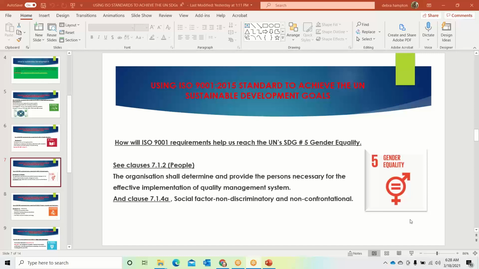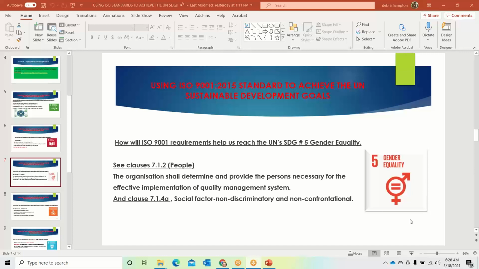Now, this clause talks about the people. For those of us who have the standards, it talks about people. So who are these people in actual sense? Because it mentioned just people. But if we go by interpretation of what people mean, we are talking about people of all walks of life, whether you are a woman, whether you are a man. This is what we refer to as people.